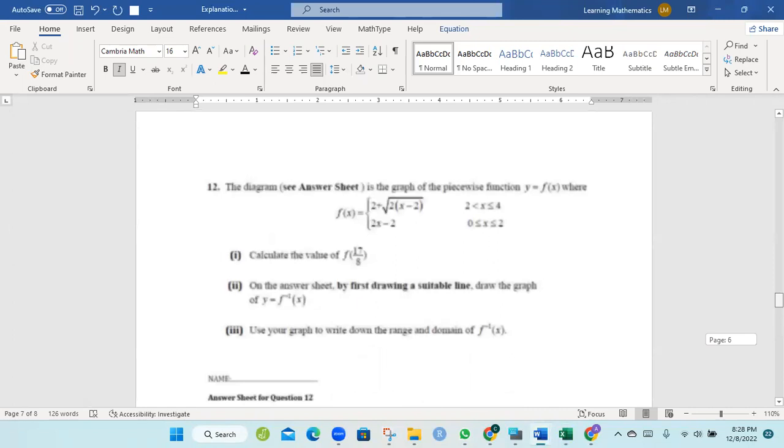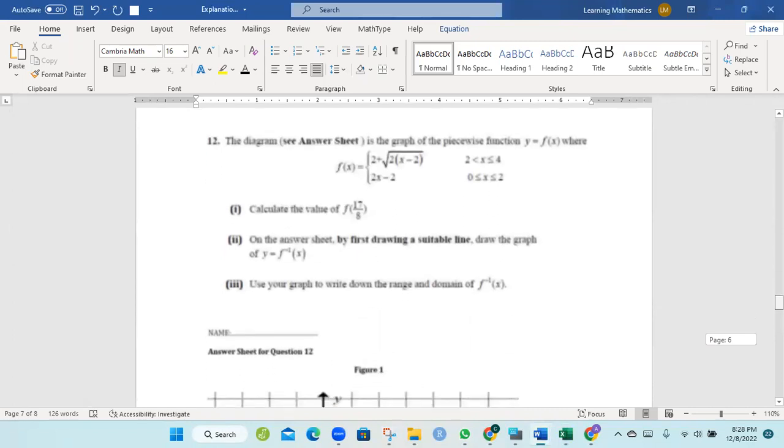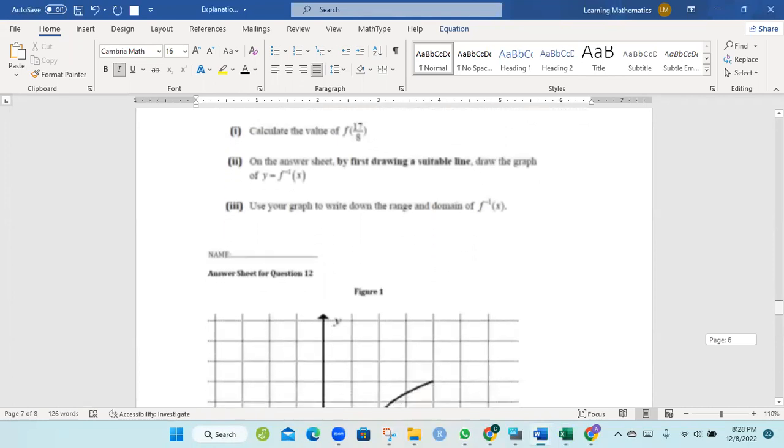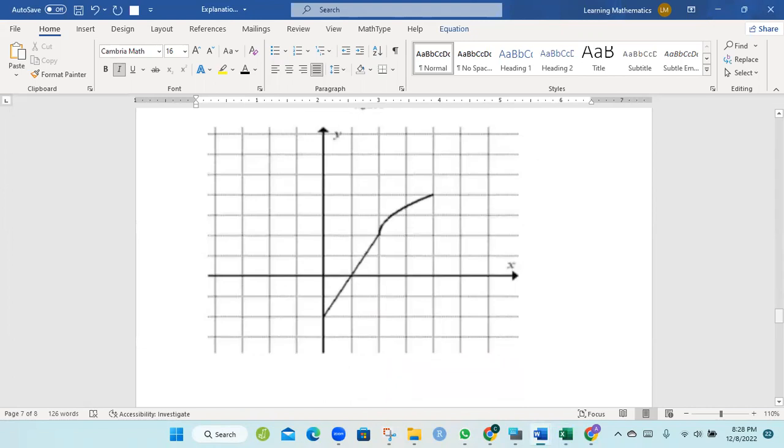On the answer sheet, that's part 2. By first drawing a suitable line, draw the graph of y is equal to f inverse of x. So we have to draw the line y is equal to x first. That's the mirror line, y is equal to x.